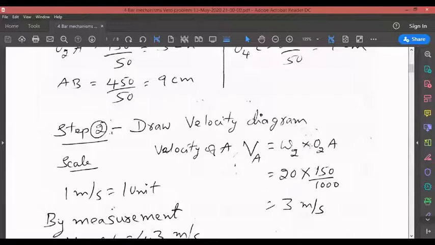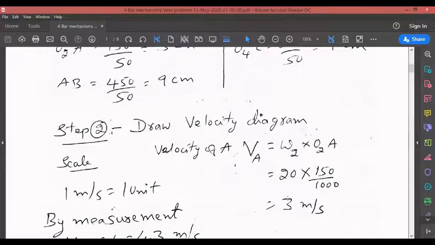They have given the link 2 is rotating at an angular velocity of 20 radians per second. So you can convert angular velocity to linear velocity by multiplying the length of the link. So angular velocity is 20 radians per second, and the length of the link is 150 millimeter. Convert that into meters by dividing by 1000.